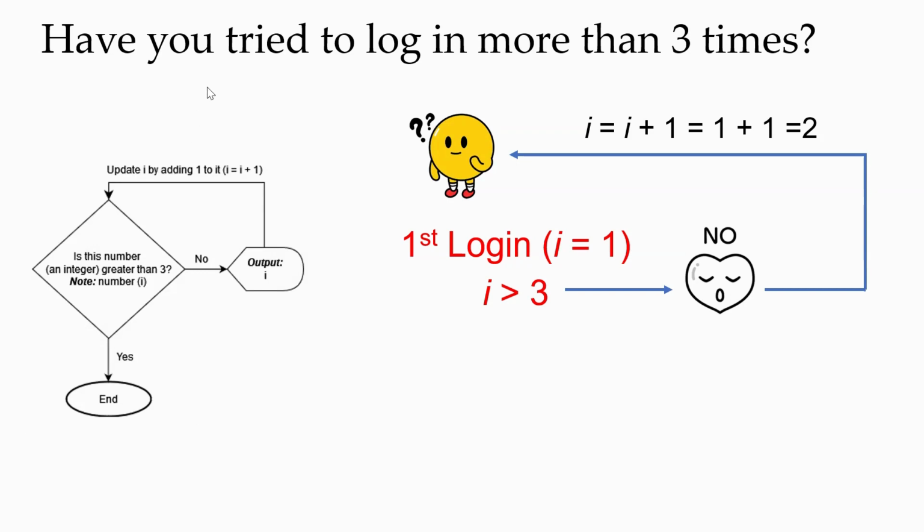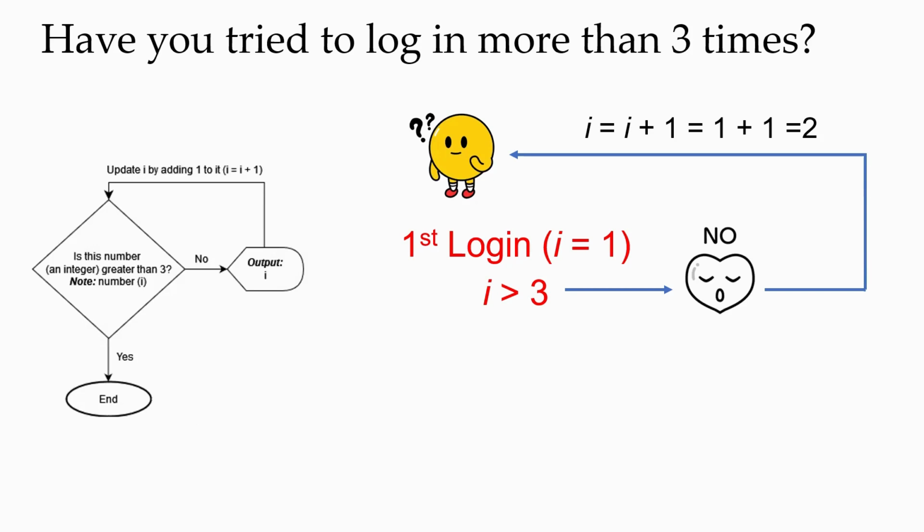For example, have you tried to log in more than 3 times? Remember, most of the time when you're asked to enter a username and password, whether to a website or to a social media platform, you are given certain limits in terms of the attempts. So for example, if you have tried to log in for more than 3 times, then you will be blocked.